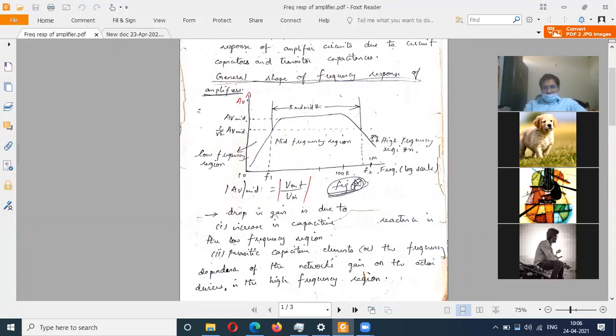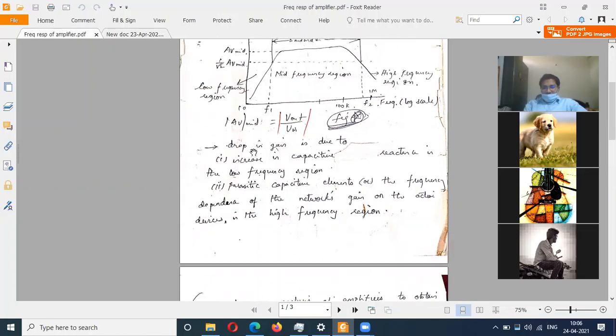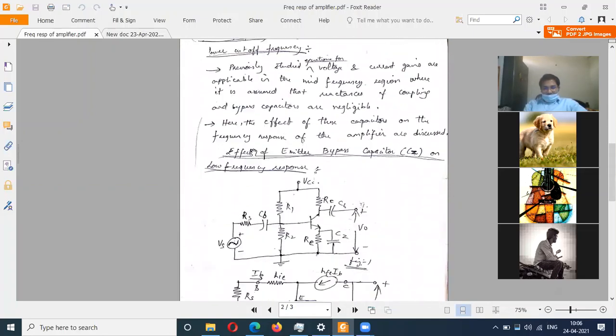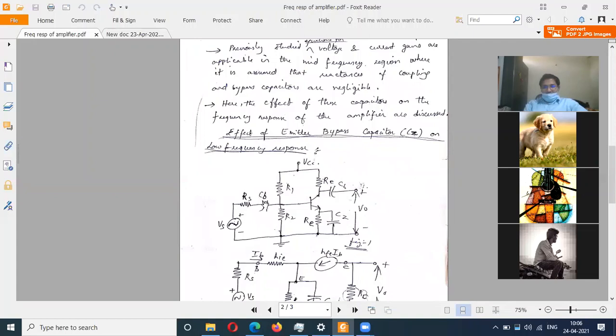So what is the reason for this behavior? We know capacitance is dependent on frequency.